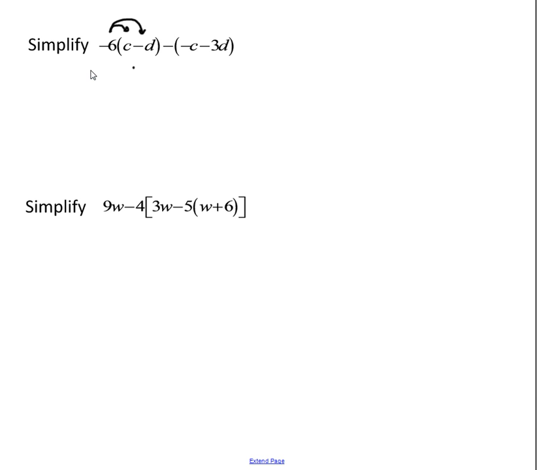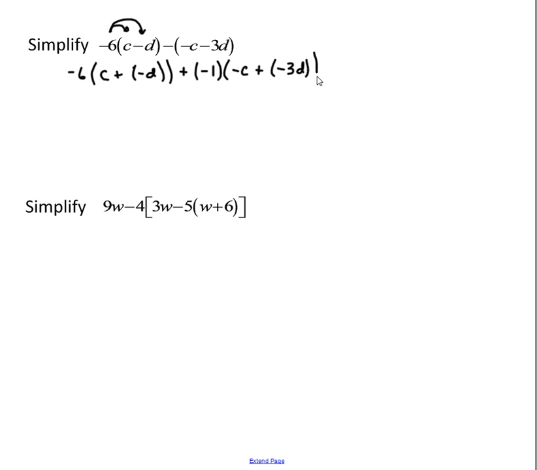Well, let's rewrite this just a little bit. Again, I like replacing subtraction with the addition of a negative. It sometimes makes it a little bit easier to view. So we've got c plus negative d in our first set of parentheses. We're subtracting whatever's in the parentheses here, so we can treat that as the addition of negative 1 times negative c added to negative 3d.